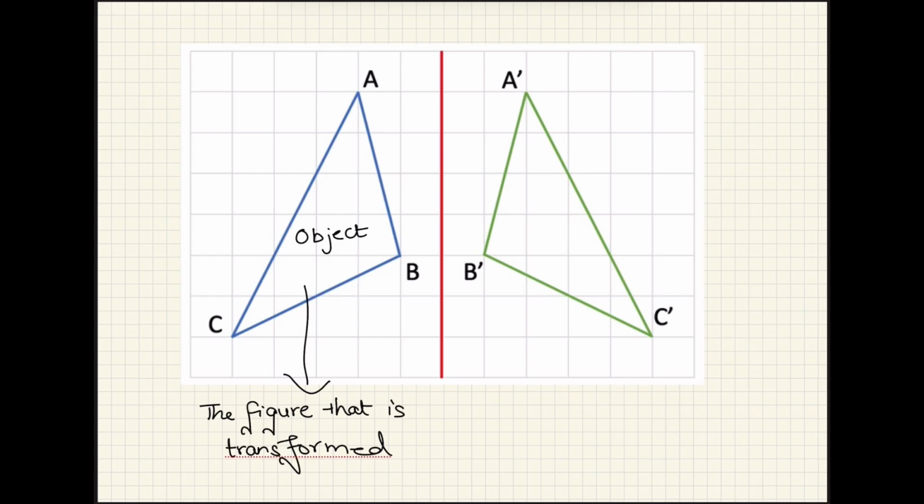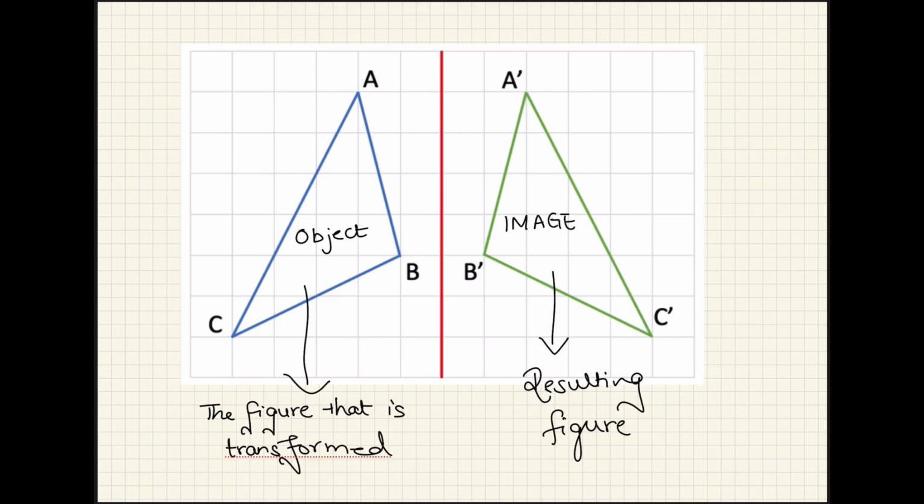It is called the object, and the resulting figure, the one which has been transformed, is called the image. So what is the image? It is the resulting figure. Okay, so the figure that is transformed is called the object, and the resulting figure is called the image.